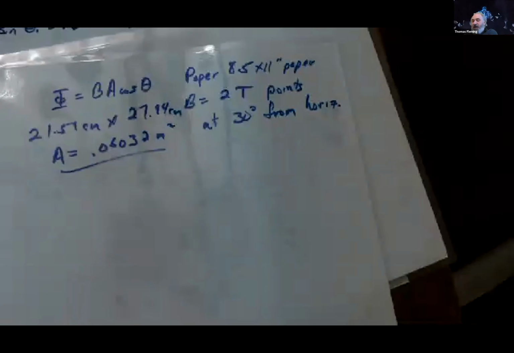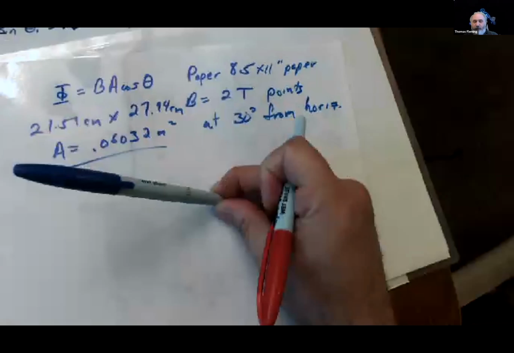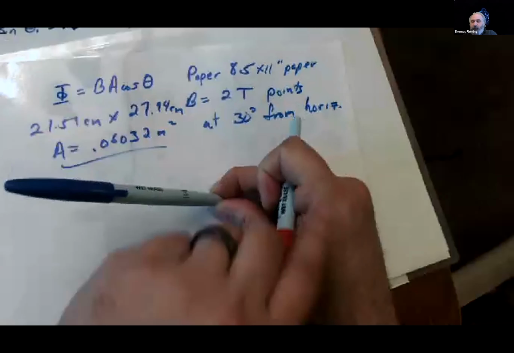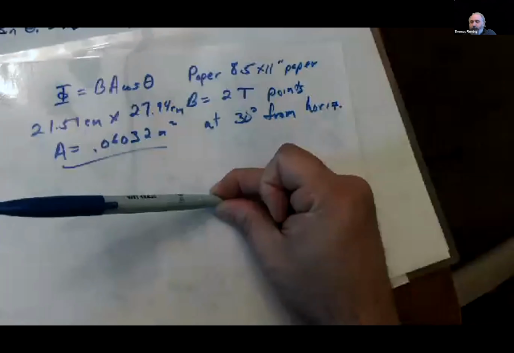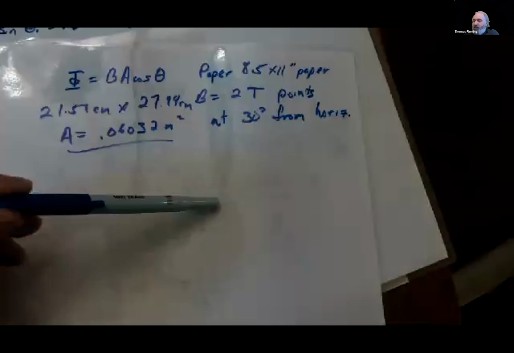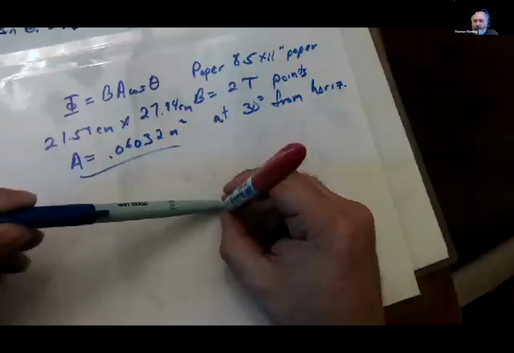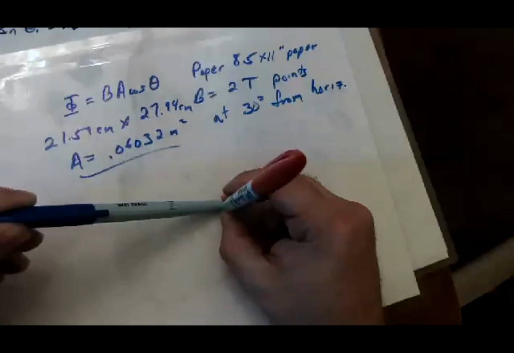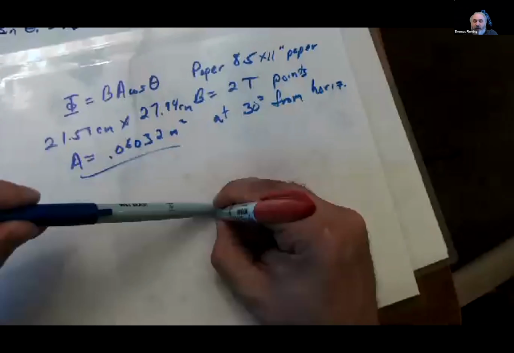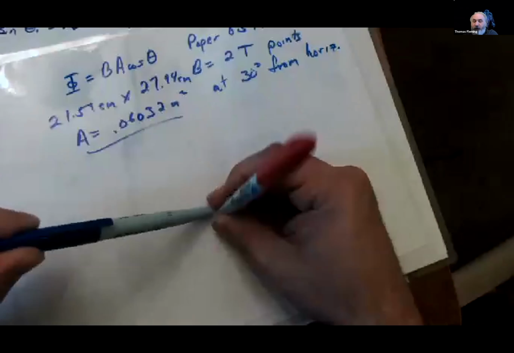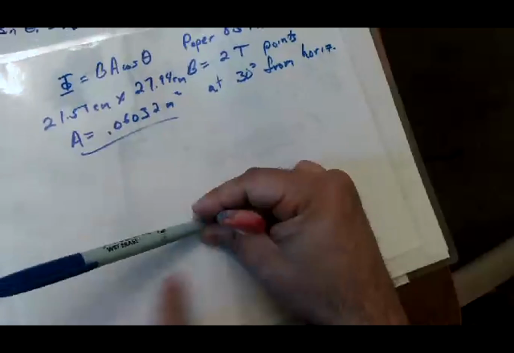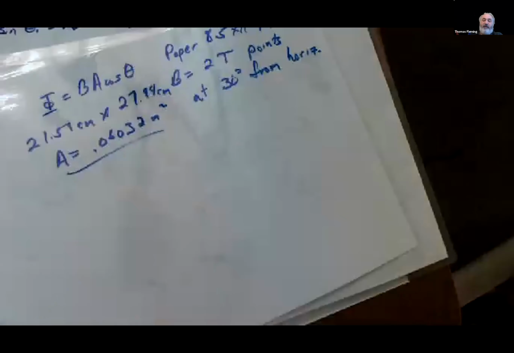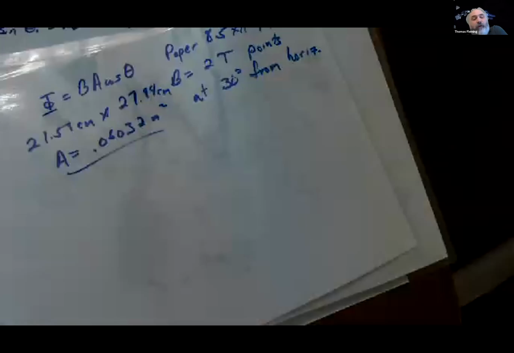Why is it 60? Because the angle I gave you, here's the magnetic field, this is the blue pen, right? The angle I gave you is this angle down here, 30 degrees. However, the area vector points straight out of the paper. That's like the red pen. So the angle between these is the actual angle that I want. That's not 30, but I do know that this angle plus this angle has to add up to 90 because that's going to be a right angle. So I actually want to use 60 degrees.